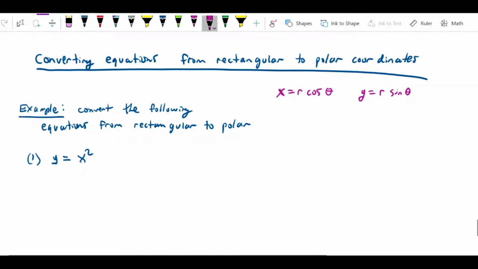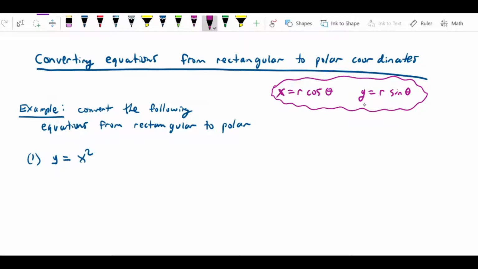Essentially, what you do is you use the conversions between rectangular and polar: x equals r cosine theta and y equals r sine theta. So basically, every place that I see an x, I replace it with r cosine theta, and every place that I see a y, I replace it with r sine theta.